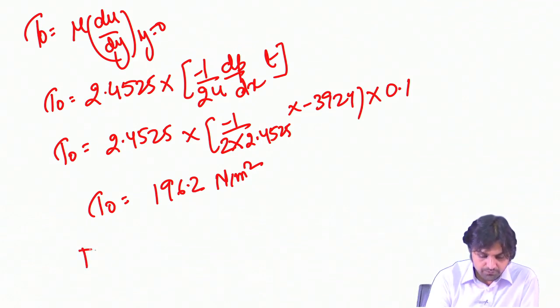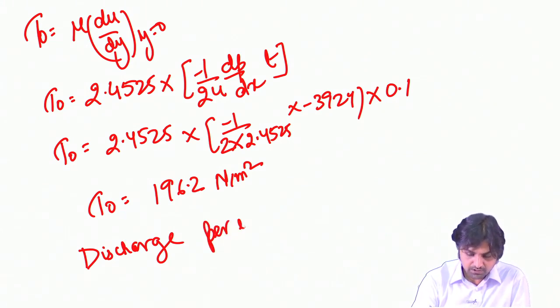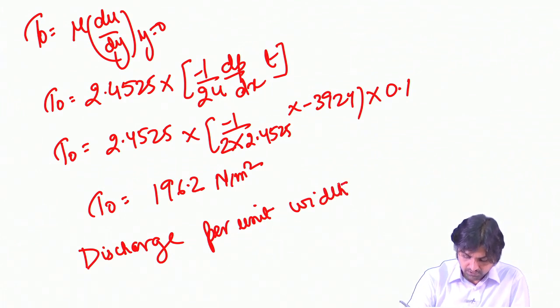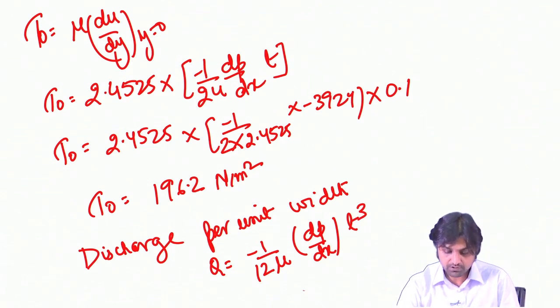Okay, now discharge per unit width. Q is minus 1 by 12 mu dp dx into t cube.